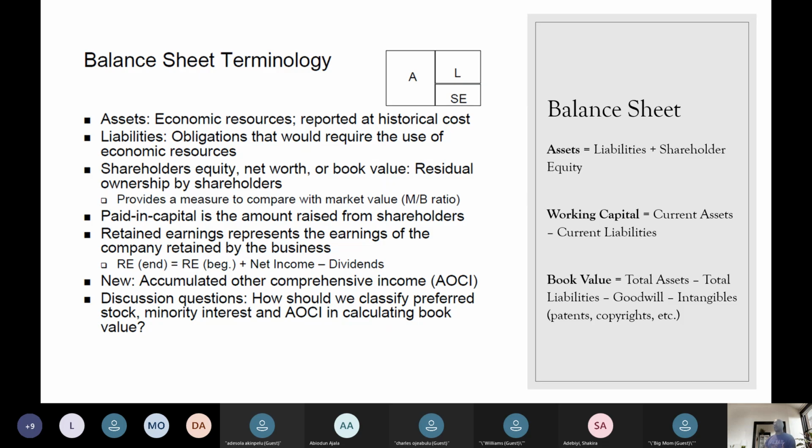Current assets are assets that are either cash you have at hand or things that you can convert to cash within the next 1 year. Current liability has a similar definition, except that it's a liability: debts that are going to come due within the next 1 year.